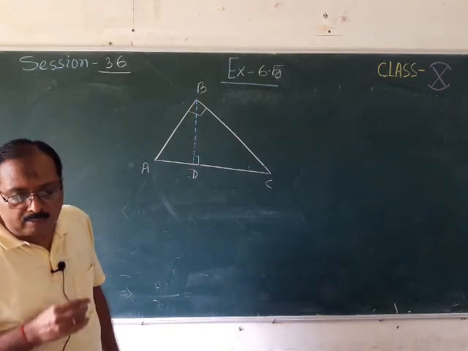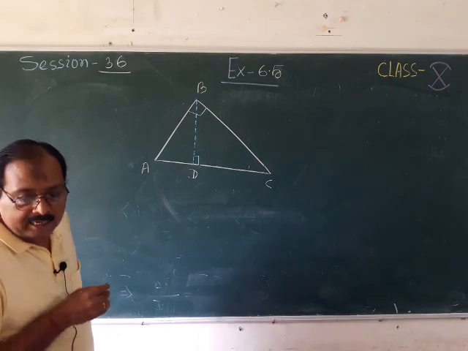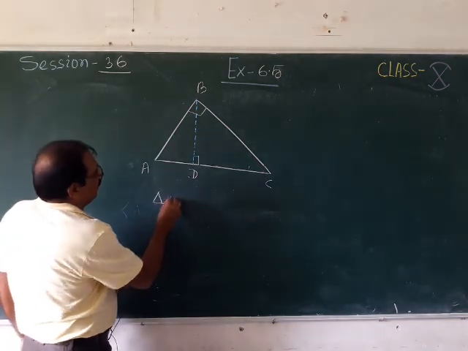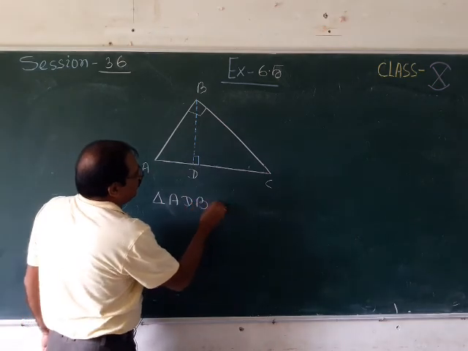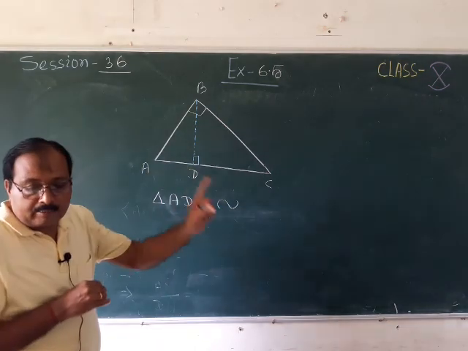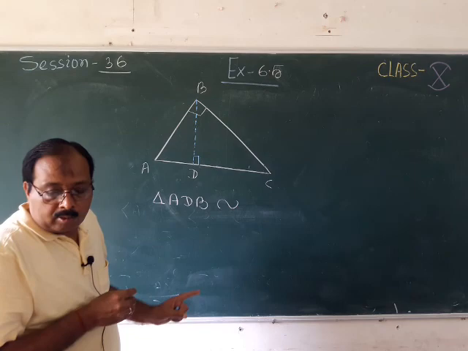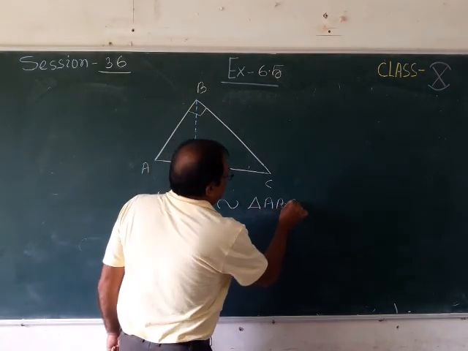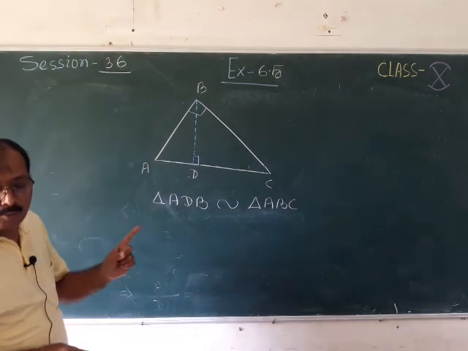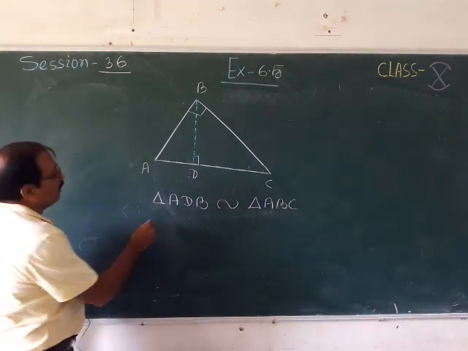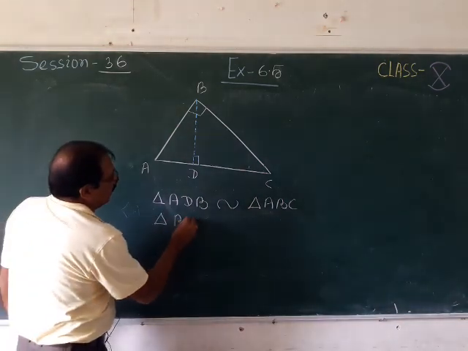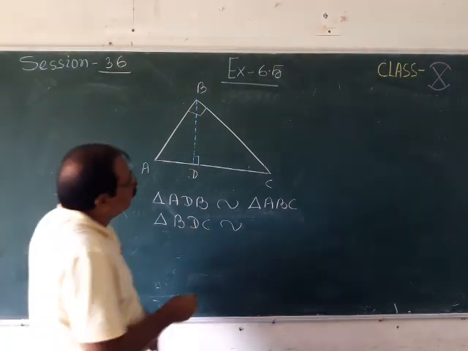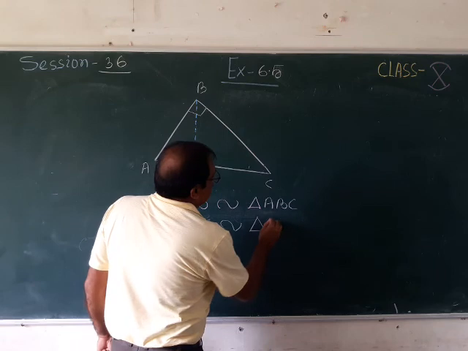That means triangle ADB is similar to triangle ABC, and one more triangle you have, triangle BDC.